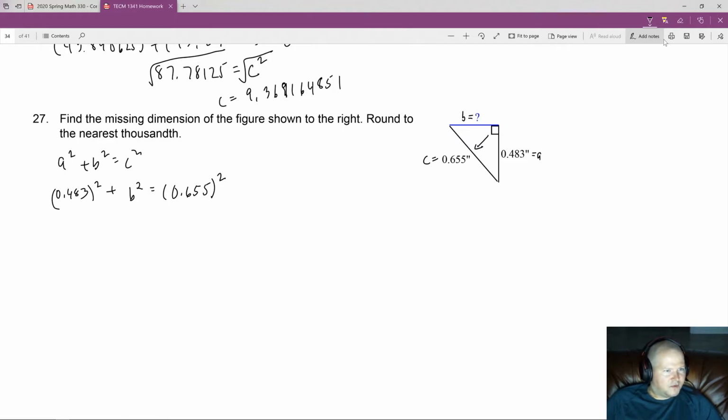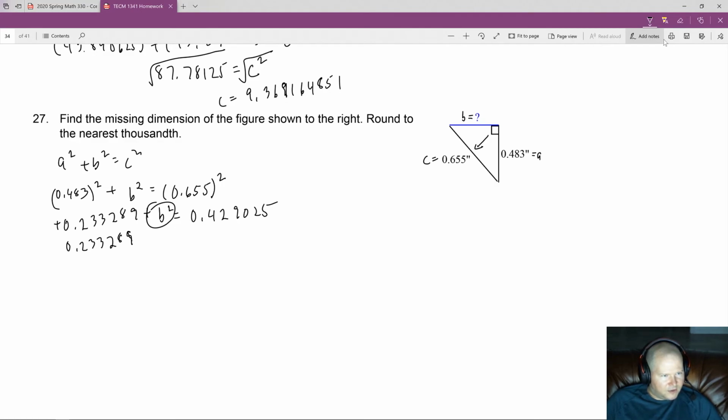And then 0.483 squared is 0.233289 plus b squared plus 0.655 squared, which is 0.429025. And then finally, I want to get b squared by itself, so I have to undo this addition or get rid of that positive 0.233289.